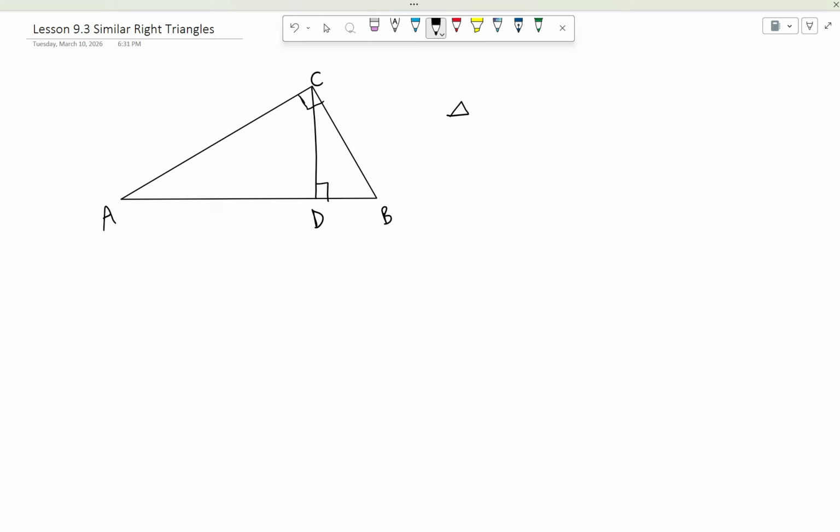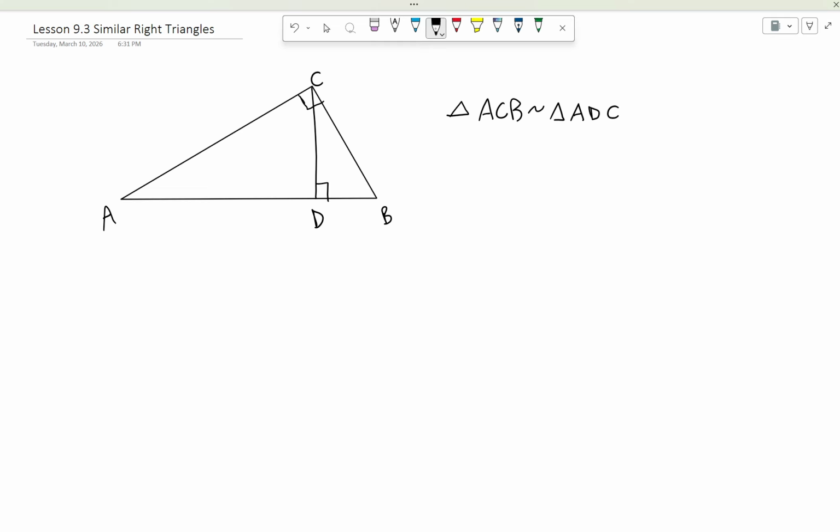If I have this entire big triangle, this is ACB, where I went long leg, then the short leg, and then C is the vertex of that right angle. And of course, AB is my hypotenuse. This is going to be similar to the mid-sized triangle. Remember AB was my hypotenuse, so in this triangle, AC has to be my hypotenuse.